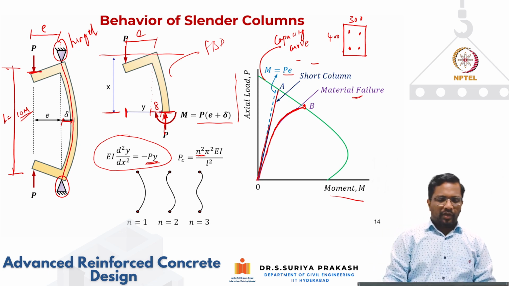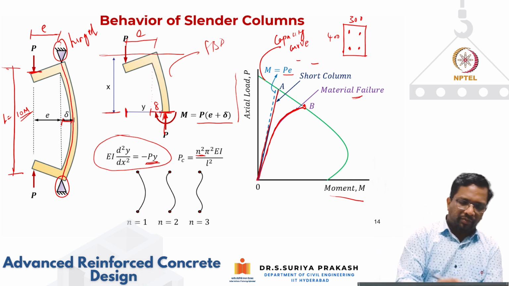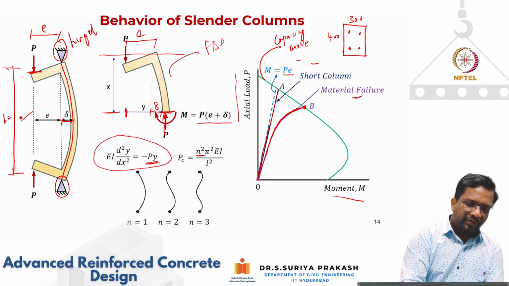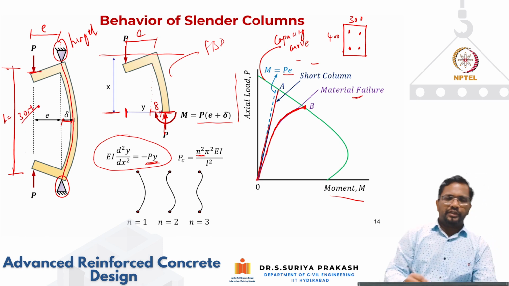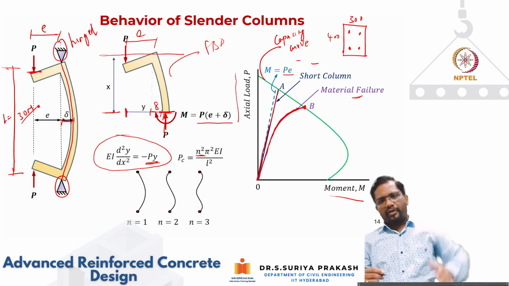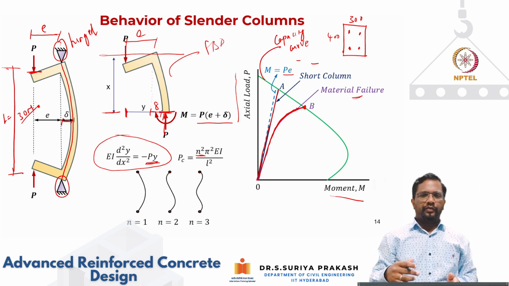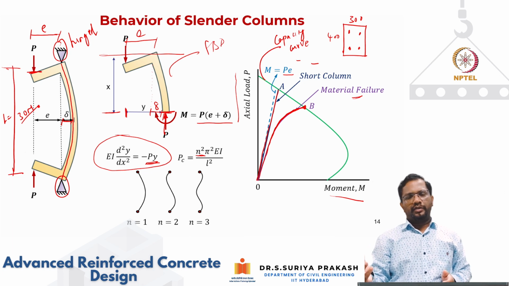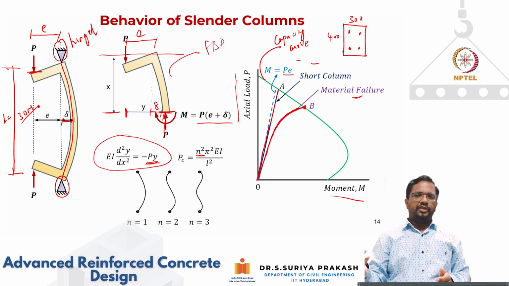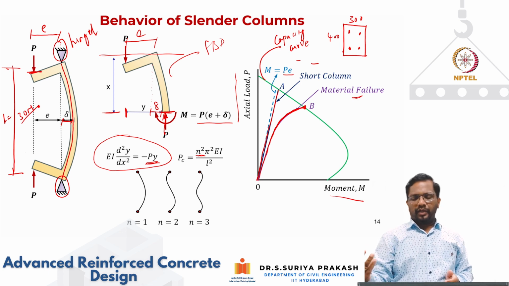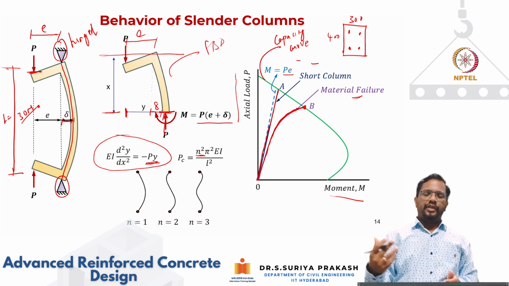Okay, so now let's say instead of 10 meters, I'm going to another case, increasing this to, let's say, 30 meters. So you can see that 30 meters means 30 into 10 to the power of 3 divided by 400. Definitely the slenderness ratio as per IS 456 definition is going to be much larger than 12, and it will get into the realm of a very slender column.